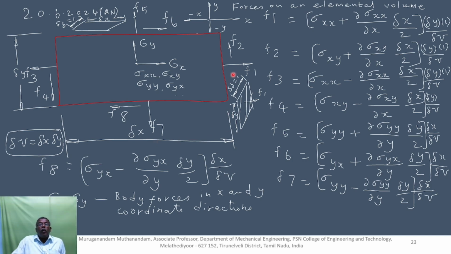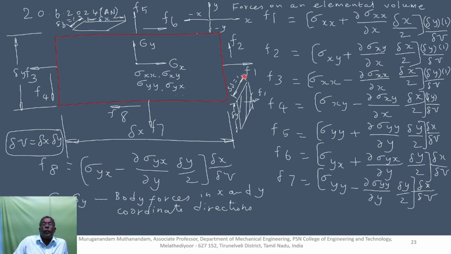One force is acting normal to the surface, that is, due to the normal component of the stress vector. Another force is acting tangential to the surface, which is a tangential stress component or shear stress component. These components F1, F2, F3, F4, F5, F6 are shown here.